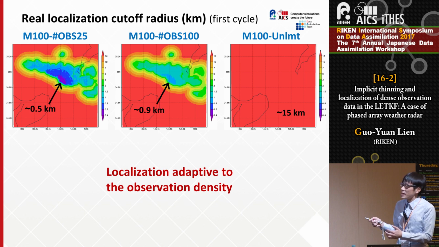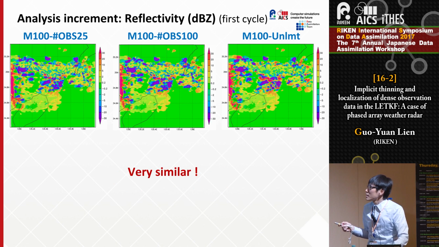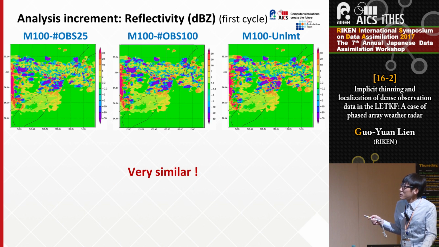Like in this 25 number limiter, it changed to only about 0.5 kilometer, and this one changed to about 0.9 kilometer. So the localization radius is adaptive to the observation density in this method.